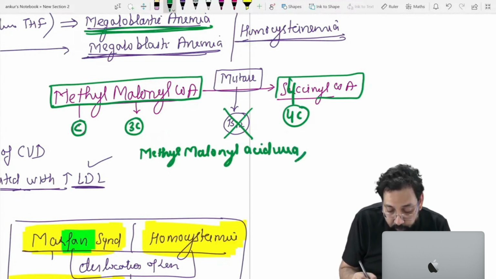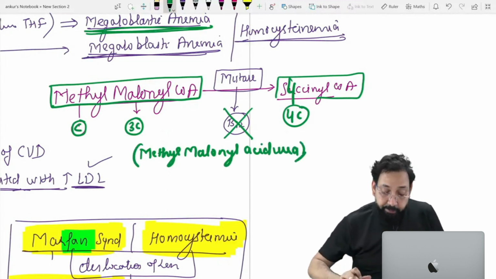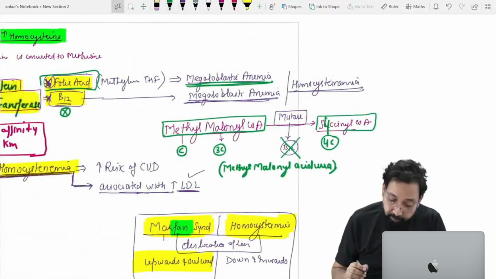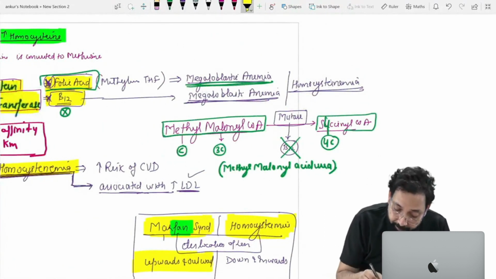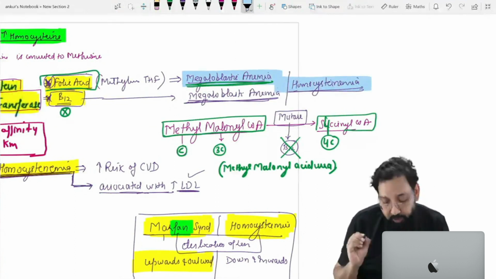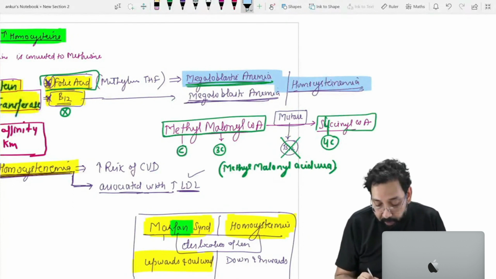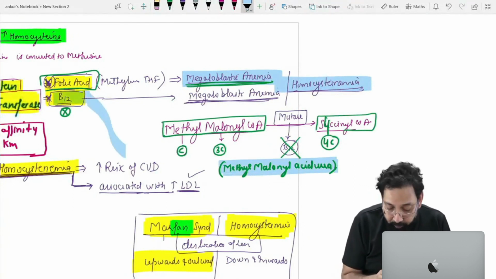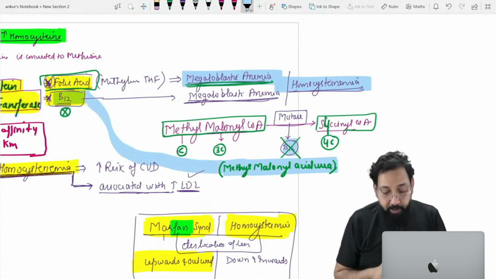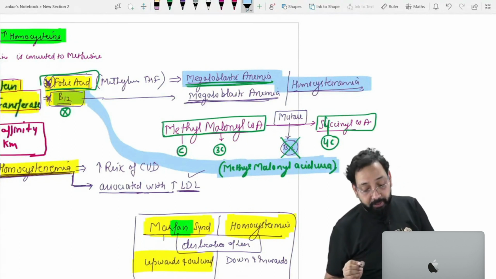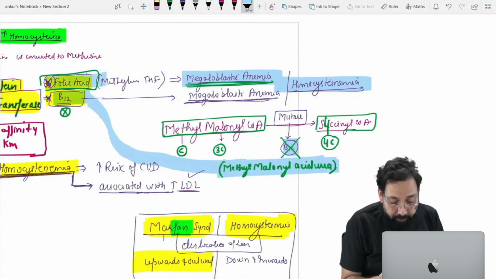So you will remember, they will give a question with megaloblastic anemia, homocysteinemia, and methylmalonyl aciduria. The cause is B12. If they don't give methylmalonyl aciduria, then it is likely folic acid.